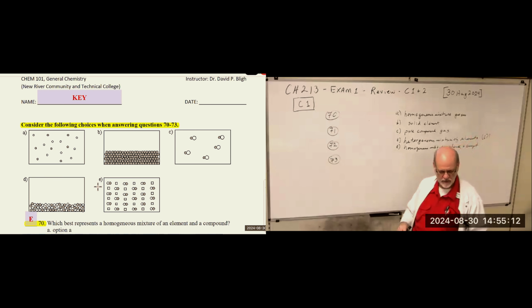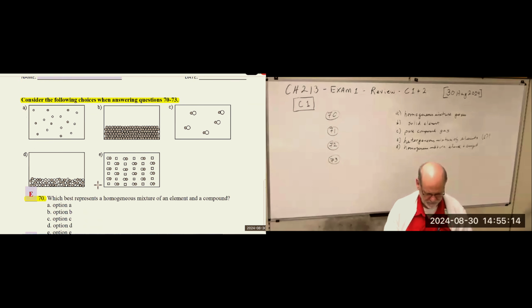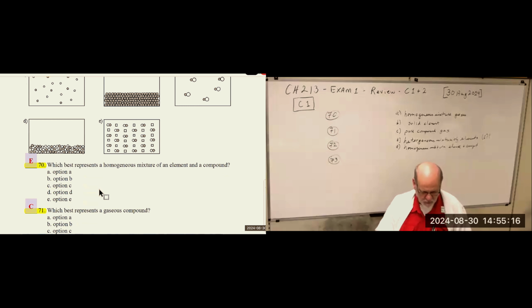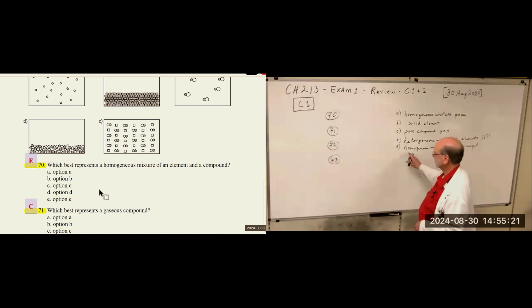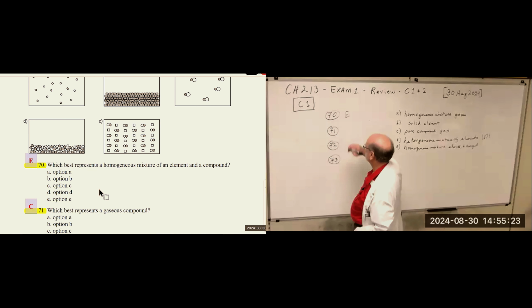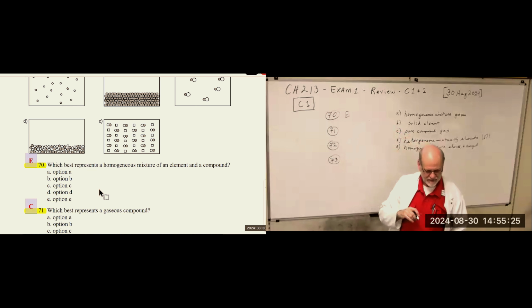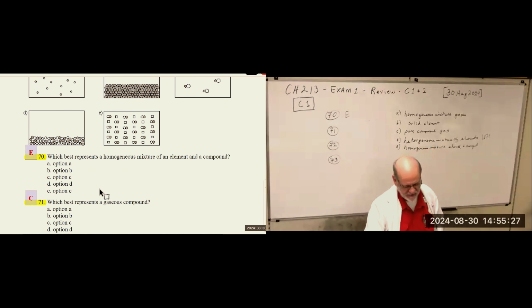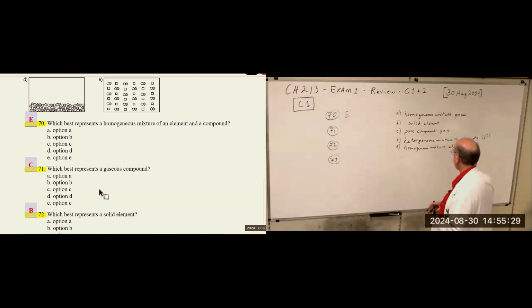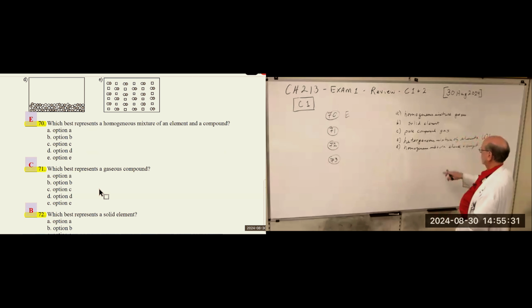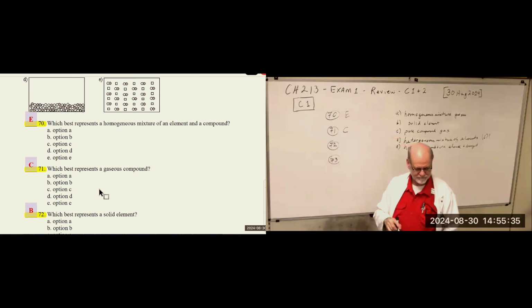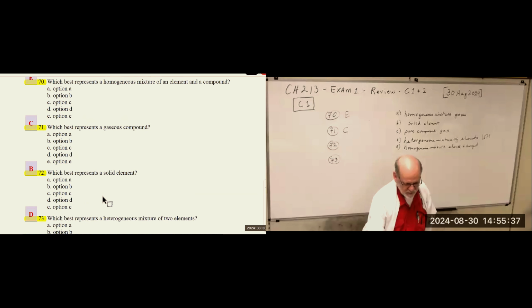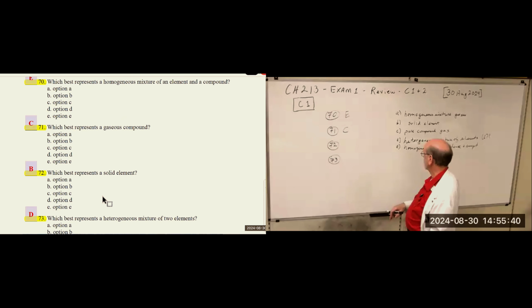Okay, now we can answer our questions. 70, which best represents a homogeneous mixture of an element and a compound? E. 71, which best represents a gaseous compound? A gaseous compound. Here, C. 72, which best represents a solid element?